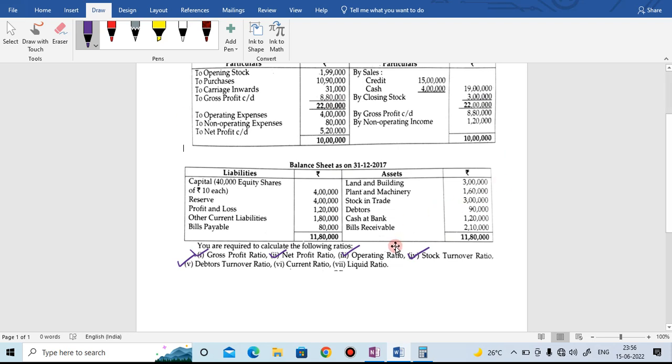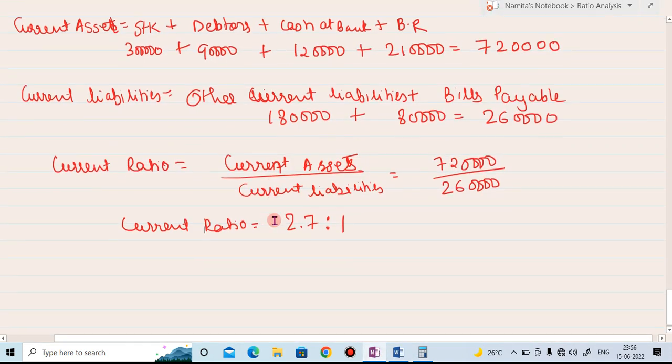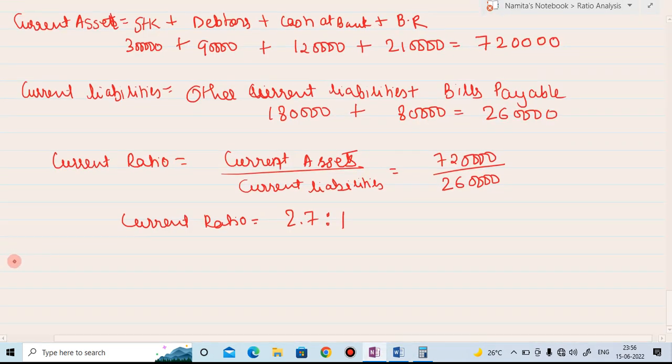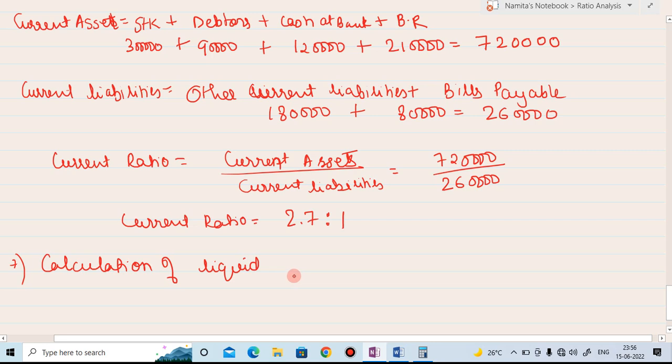Now after current ratio, we need to find liquid ratio. This is the last ratio which we need to find. So 7th number, calculation of liquid ratio.